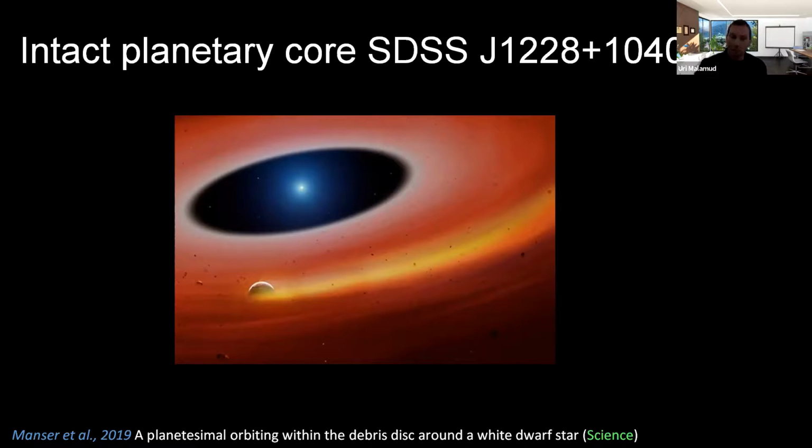So they concluded that what they see here is something that, as I explained, is strong enough to survive inside the Roche limit of the star, maybe a dead core of a planet. So it's maybe made out of iron and nickel, and it survives inside the Roche limit, and it just perturbs the gas, or maybe it's emanating some of its own gas. So that's the current interpretation of the system.